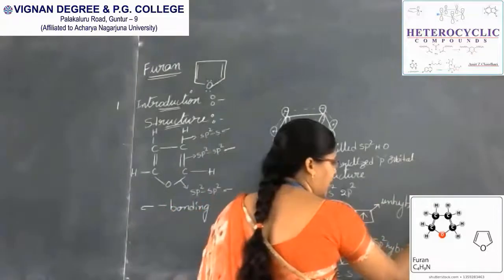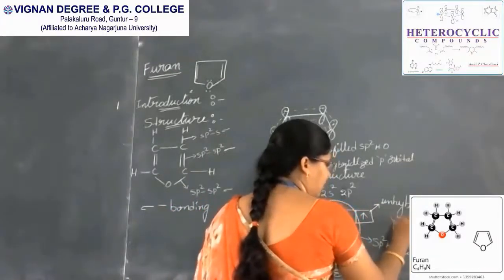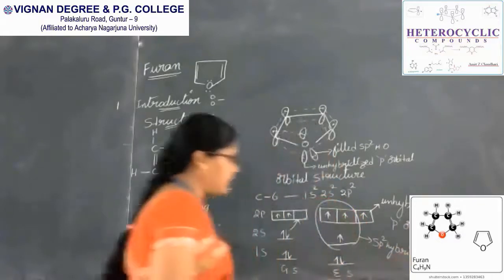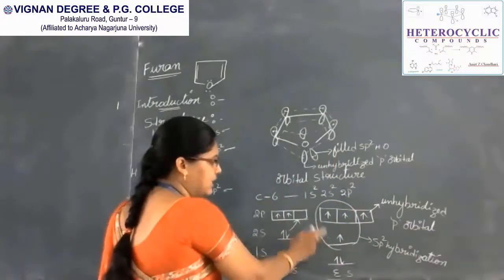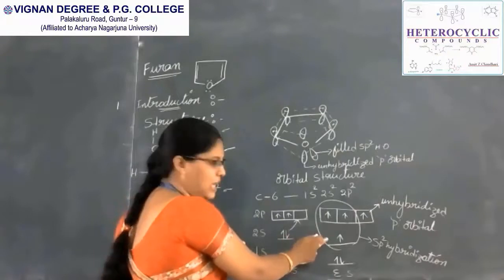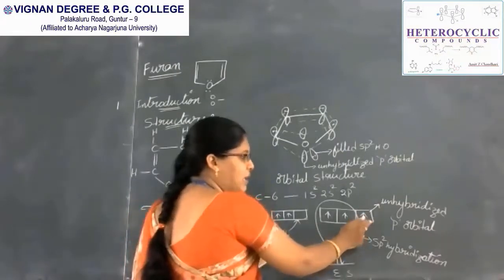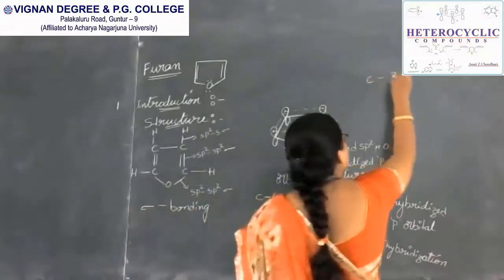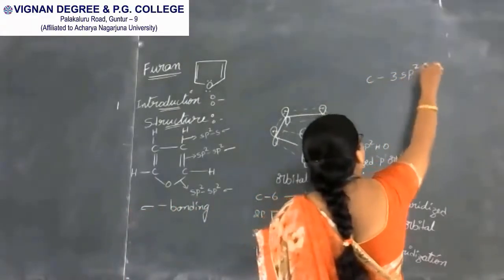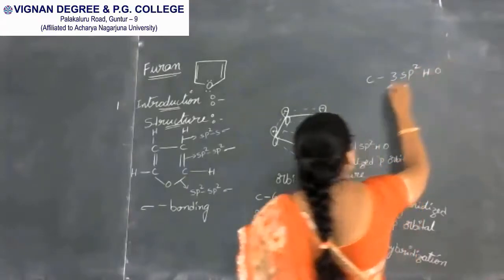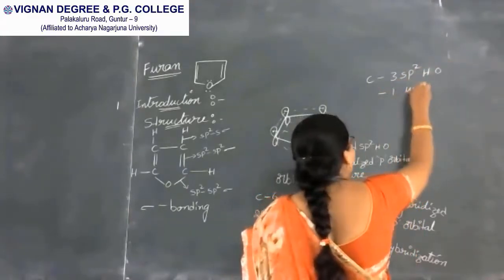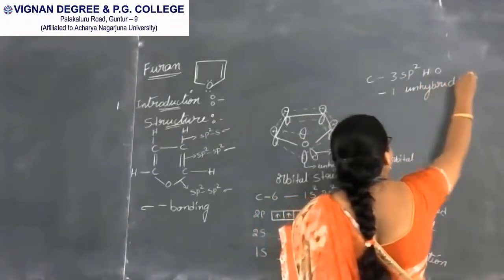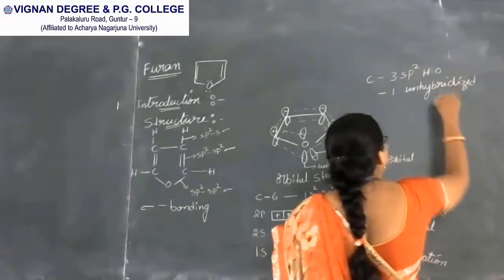This is called the unhybridized p orbital. That means carbon contains 3 sp2 hybridized orbitals and 1 unhybridized p orbital.